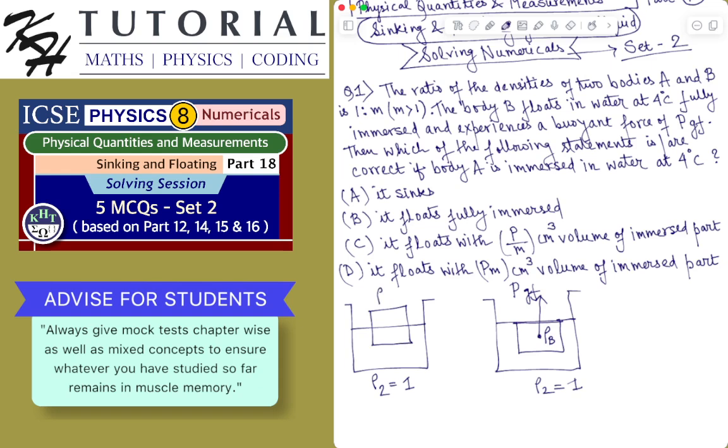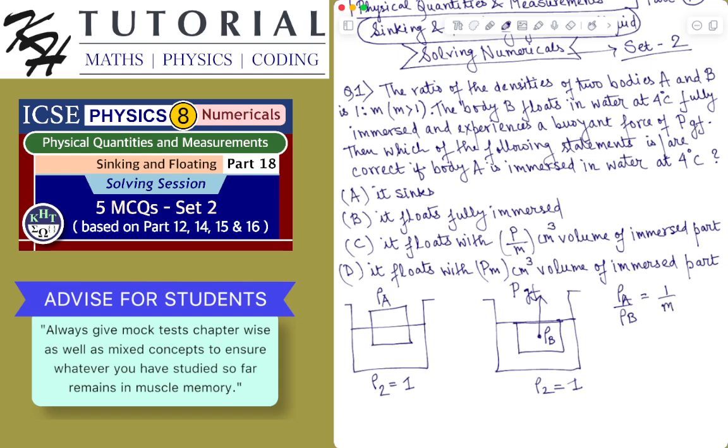This body A has a density, let's say rho A. Now, what is given? The ratio of the densities of the two bodies A and B is 1:m. So we have rho A by rho B is equal to 1 by m.